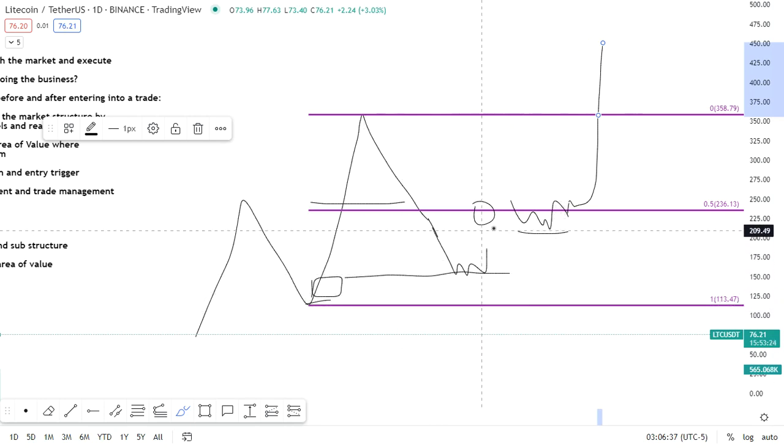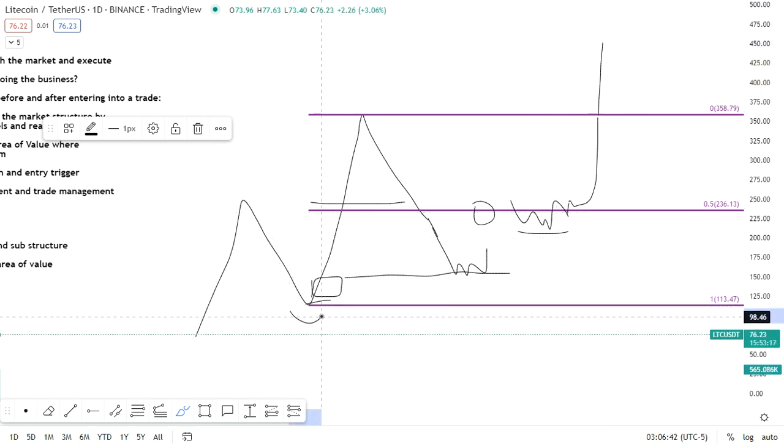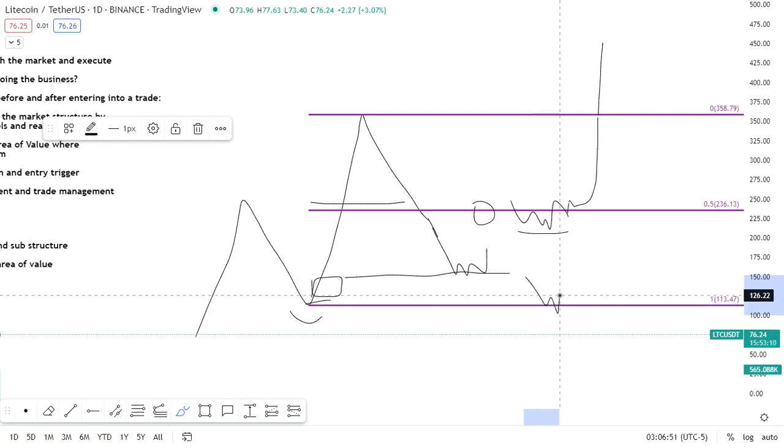Like if price does a complete correction and takes the liquidity below this swing low, what you need to expect from the price is to come to this range low, do some sort of swing failure pattern deviation and then get back above.